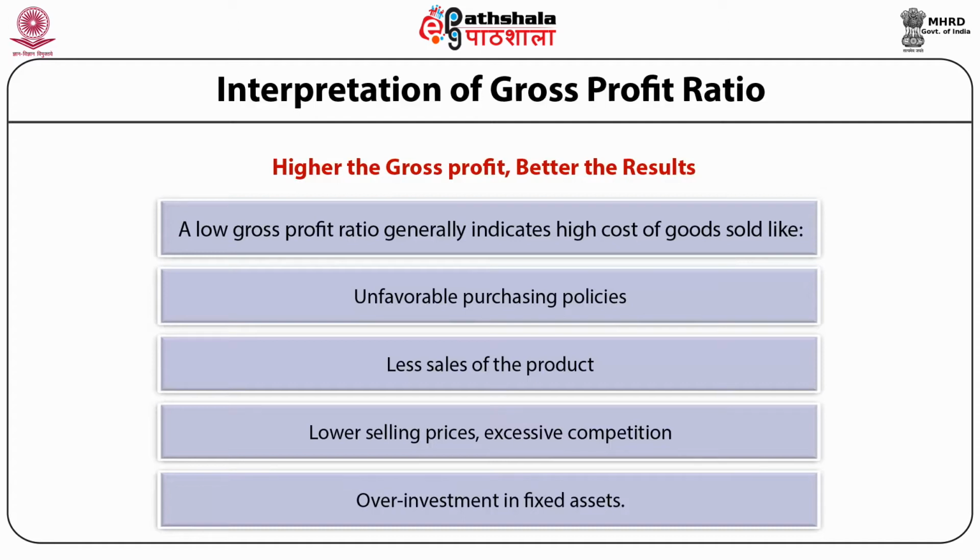But any significant change in the ratio should be properly investigated, because an increase in the gross profit ratio occurs not only by change in economic factors like increase in selling prices but also due to certain misleading factors like overvaluation of the closing inventories or undervaluation of the opening inventories, etc. Yet, the gross profit ratio is one of the very important ratios for measuring profitability of a firm.